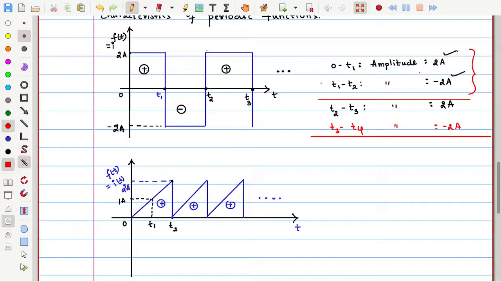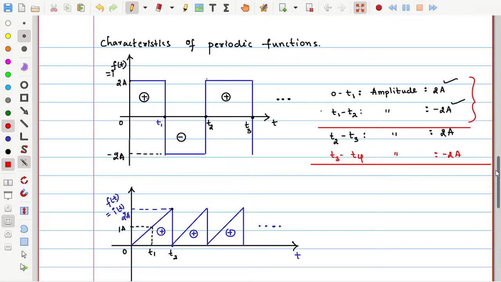So just try to understand what is meant by periodic functions. It means that for every certain time interval, it is regularly going to be repeated. Let me write this statement: periodic functions are functions which repeat regularly after a certain time.